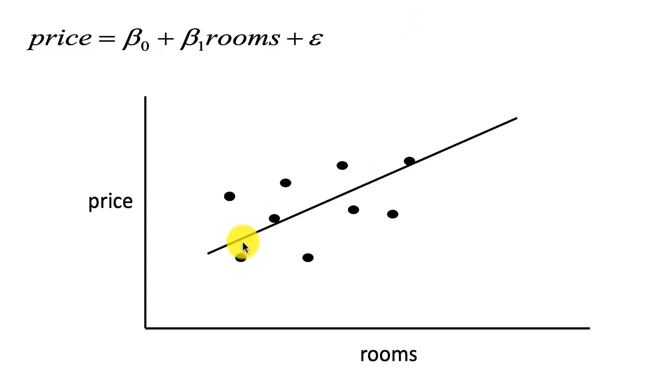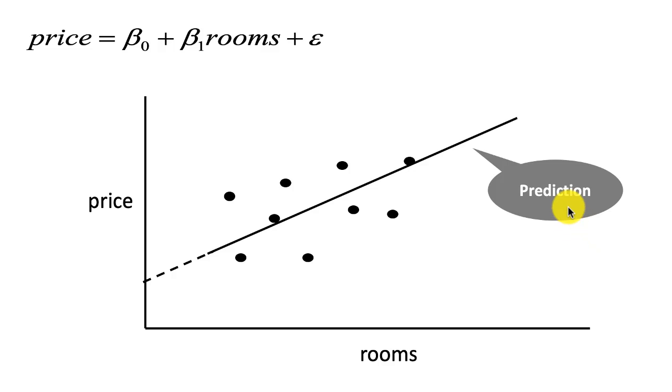We want a line that will approximate the trend that you see among the points. We may not choose a line like that, even though it goes through some points, but we want the line to go through as many points as possible, as closely as possible. So that is the intuition that we want to clarify now. What exactly do we mean by a good line?